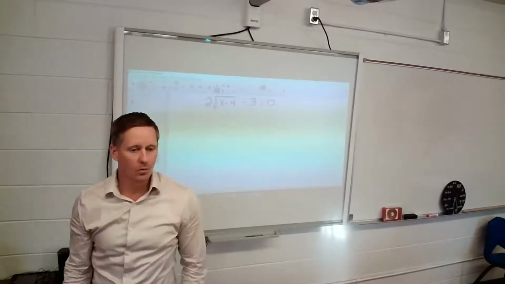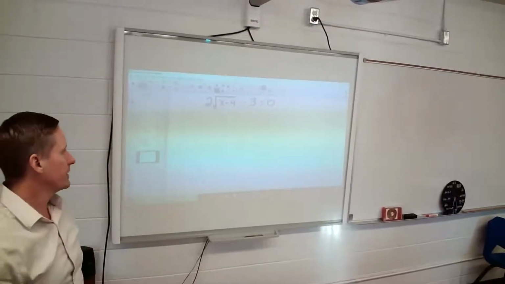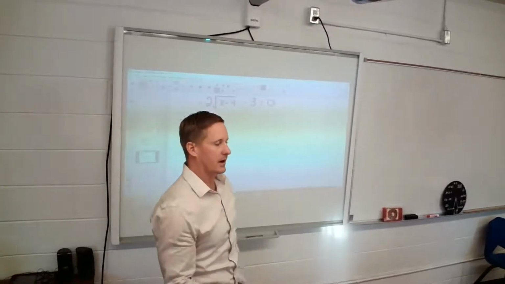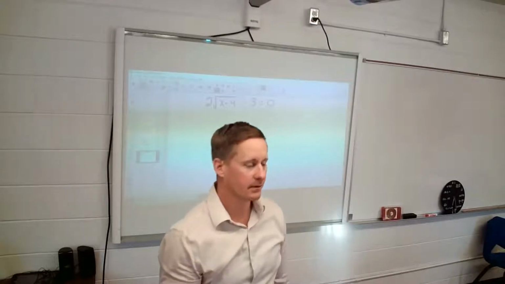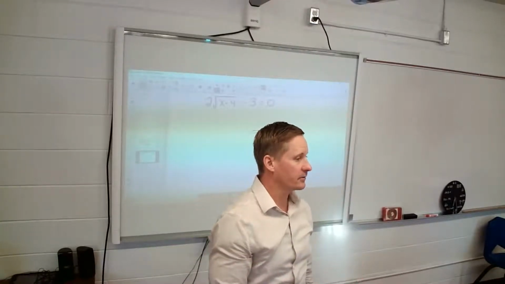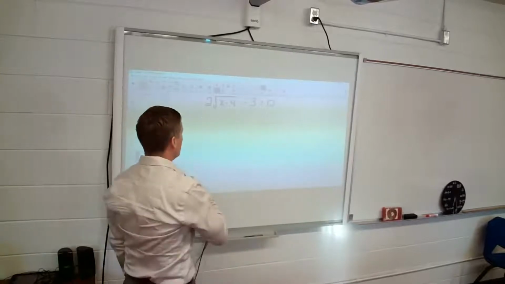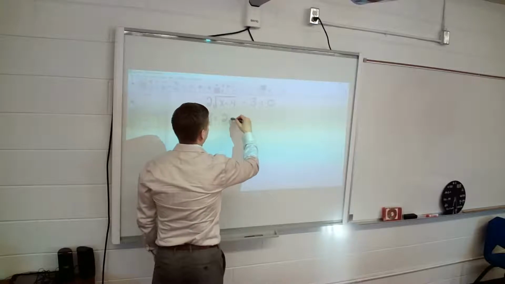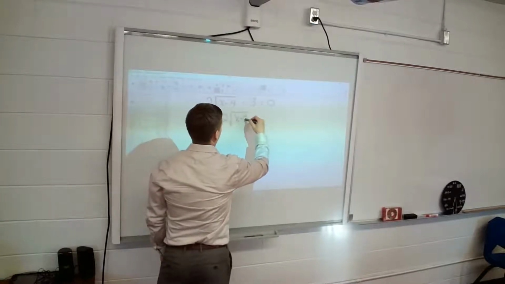One of the things that you can do for this particular question is you could graph it as is, and then find out where the 0 is on this graph. So let's do this together and see if we can figure this out.